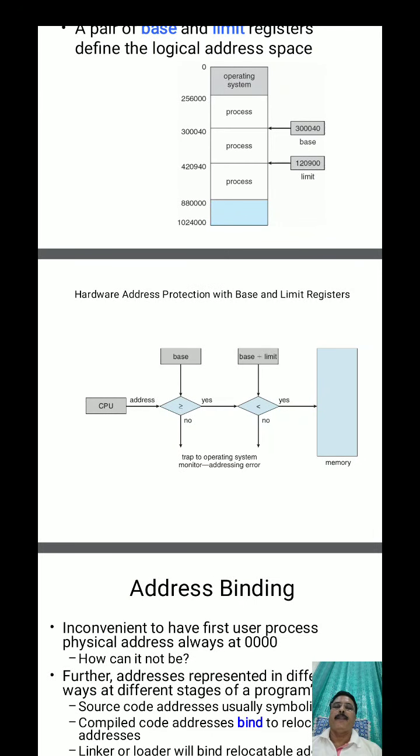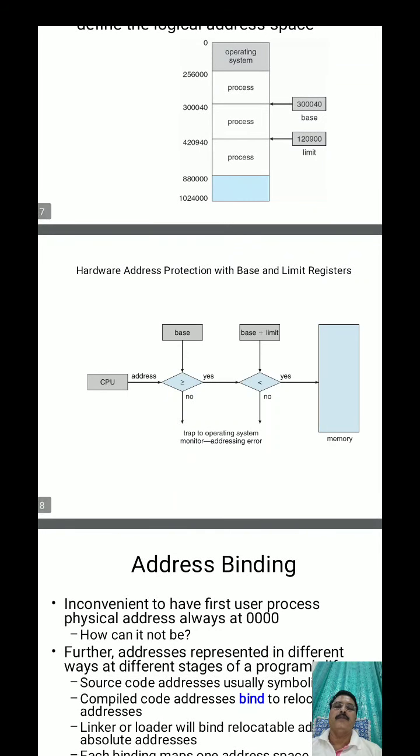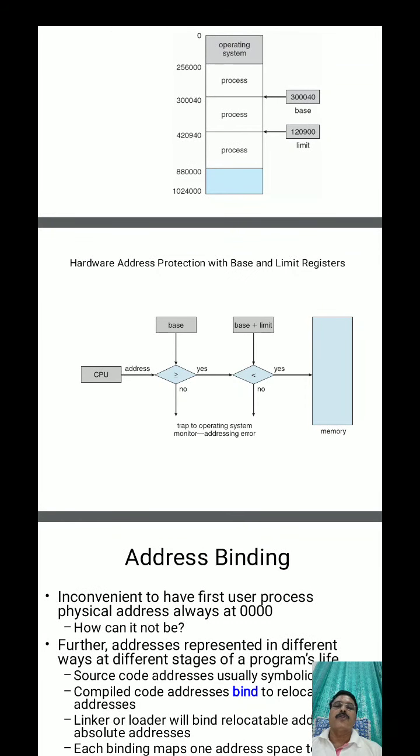Now let's see the hardware access protection with base and limit registers. In this diagram, whatever address is generated by the CPU is compared with the base address. If the address is greater than or equal to the base address, then it is checked whether it is less than base plus limit.